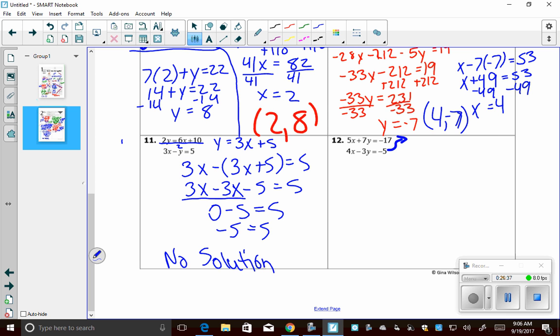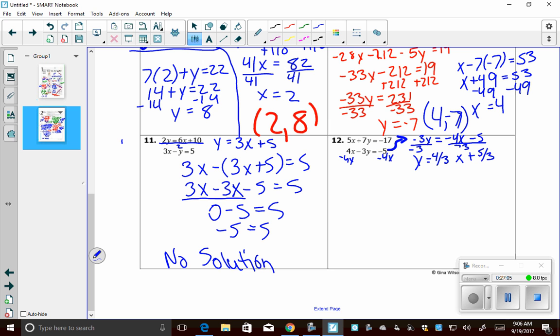To solve it for y, I'm going to subtract 4x from both sides so that I get negative 3y is equal to negative 4x minus 5. Divide by negative 3, and you get y is equal to a positive, because a negative divided by a negative is a positive, 4 divided by 3x plus 5 divided by 3.